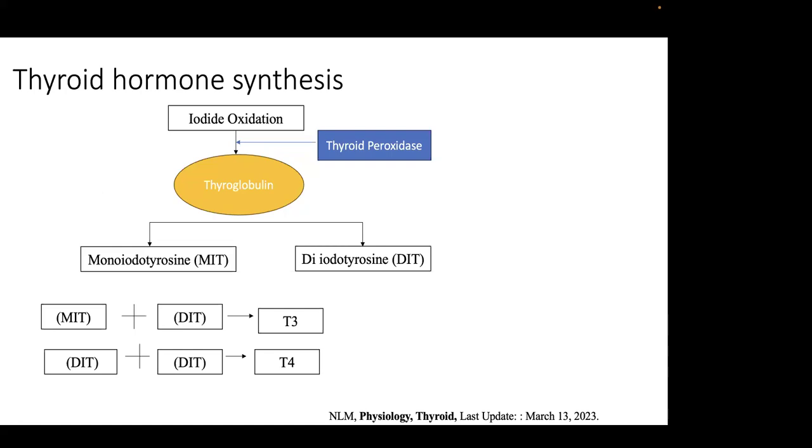Because of the oxidation process, this will result in the formation of monoiodotyrosine and diiodotyrosine. Further, monoiodotyrosine and DIT will combine together to form T3, and two molecules of DIT will combine to form T4.